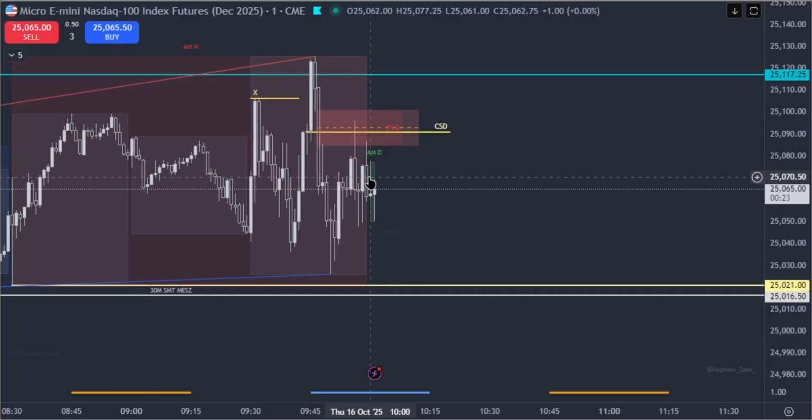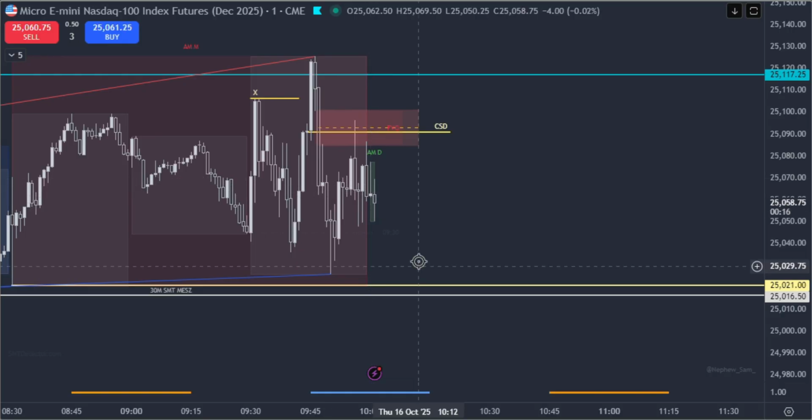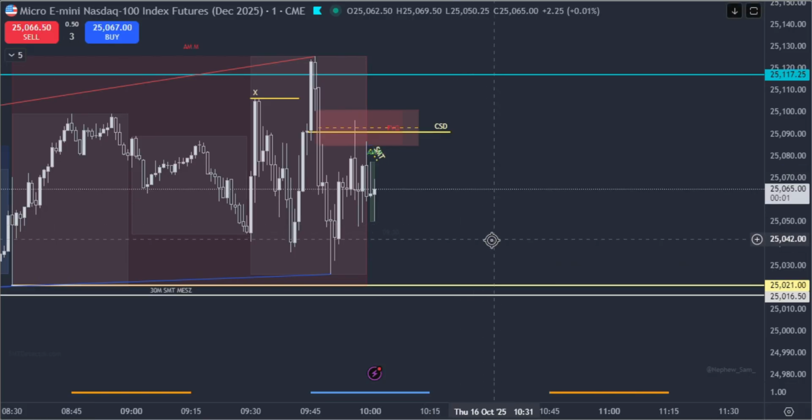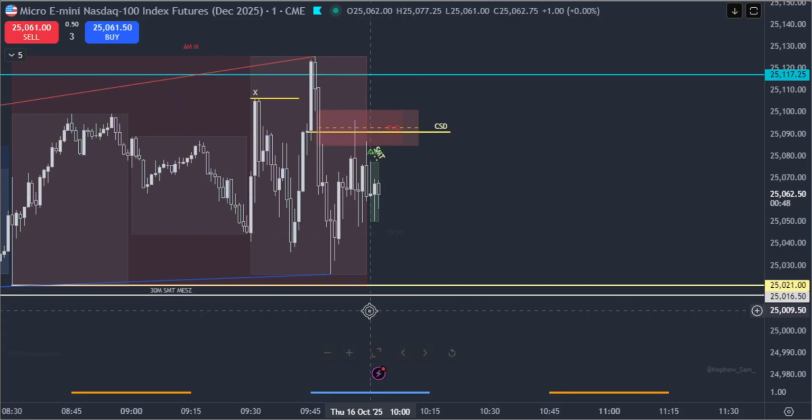So right here, we already did take. There is an SMT right here, and the Dow Jones already took this wick high. Might just come down and take it.